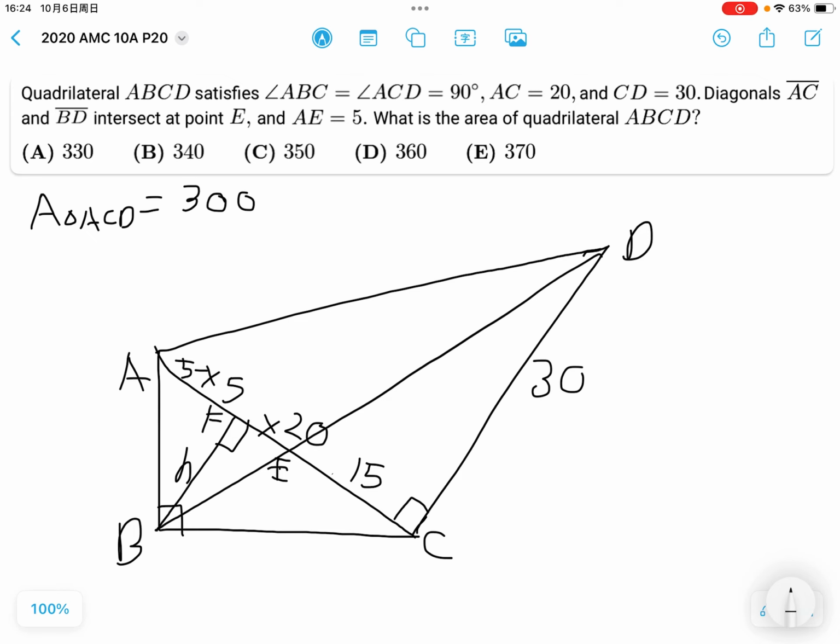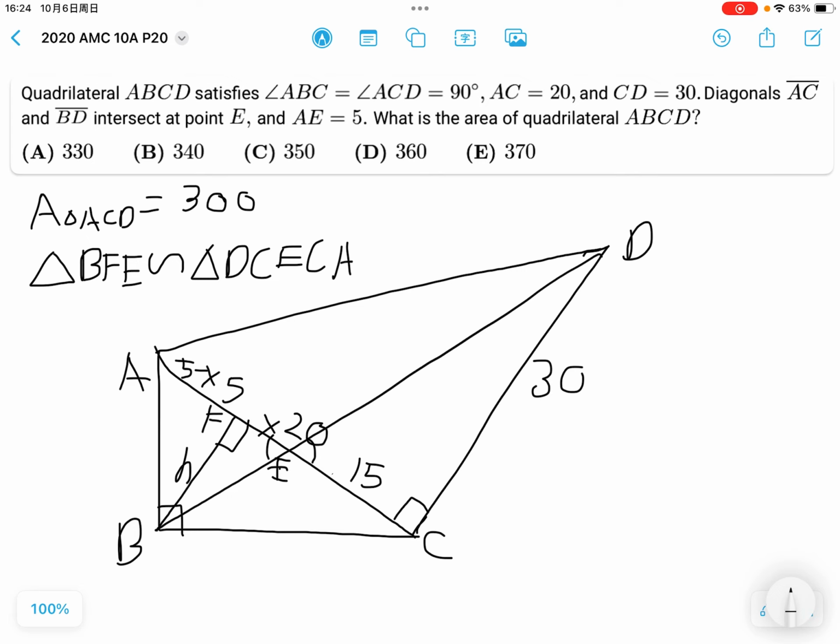But we notice that these triangles, BFE and EDC, look very much similar because these two angles are equal and we have right angles. So actually they are similar. Triangle BFE is similar to triangle DCE via angle-angle similarity.